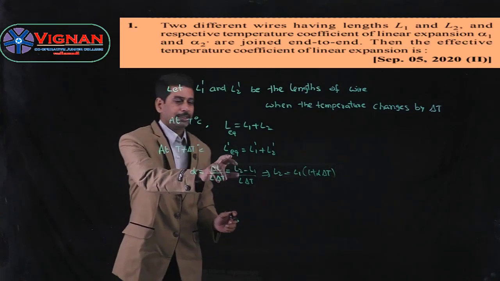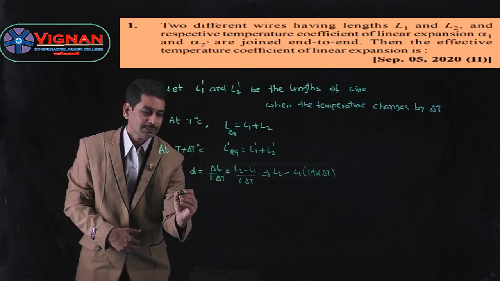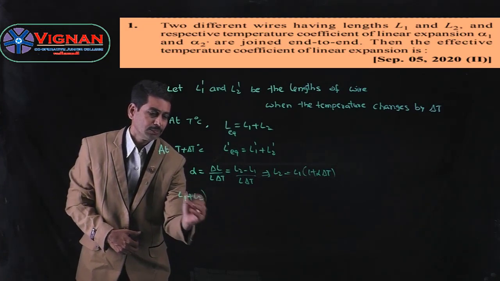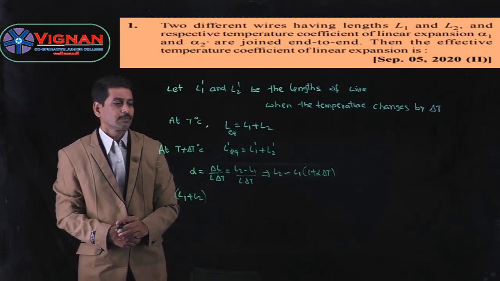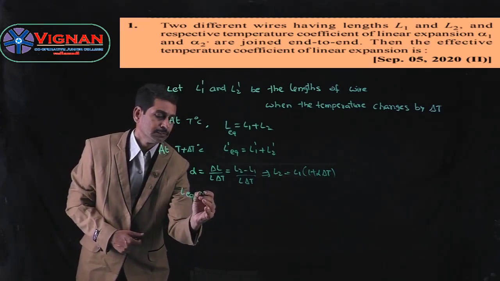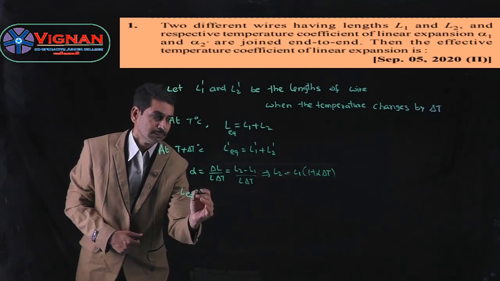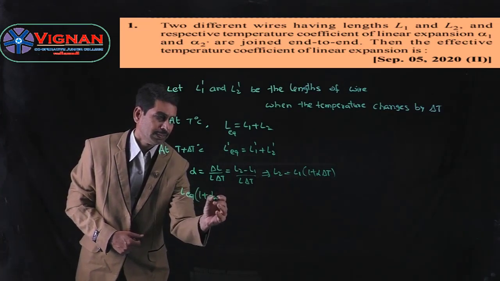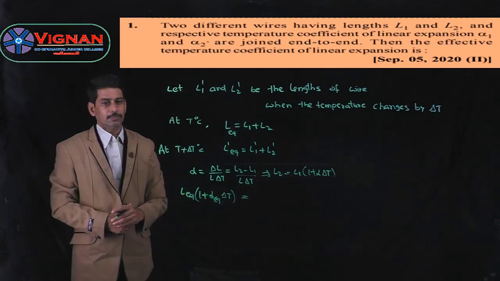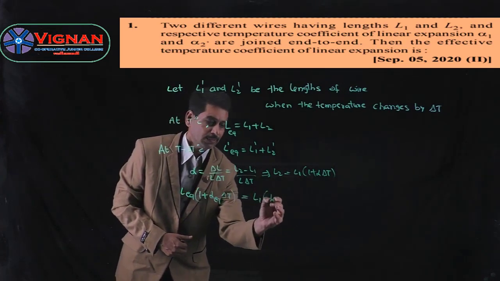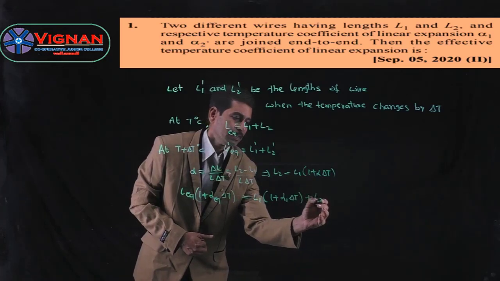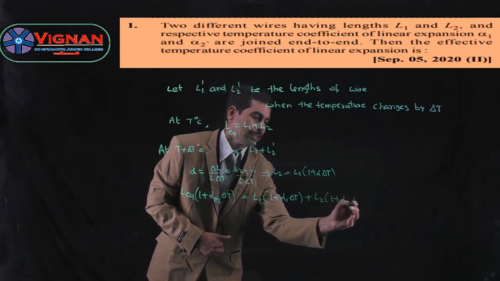So L equivalent into 1 plus alpha equivalent into delta T is equal to L1 into 1 plus alpha 1 into delta T plus L2 into 1 plus alpha 2 into delta T.